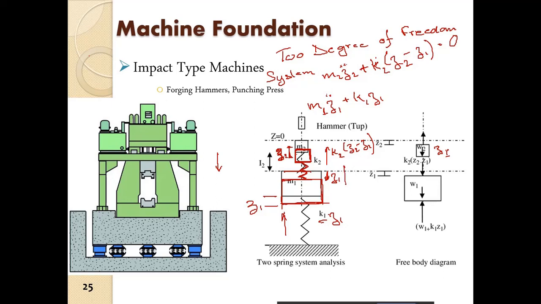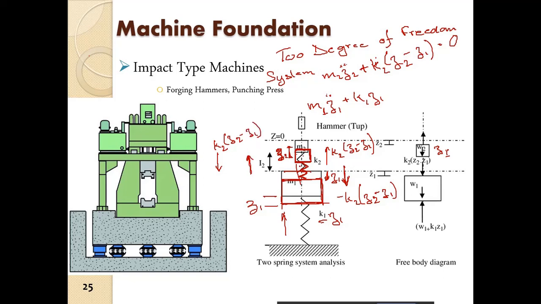Then there will be an opposite force on the bottom mass by the spring. So this spring is giving an upward force to the mass M2, which is given by K2 into Z2 minus Z1.